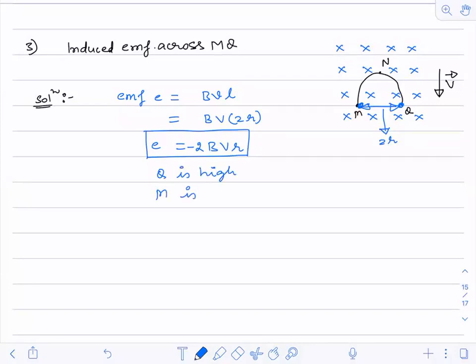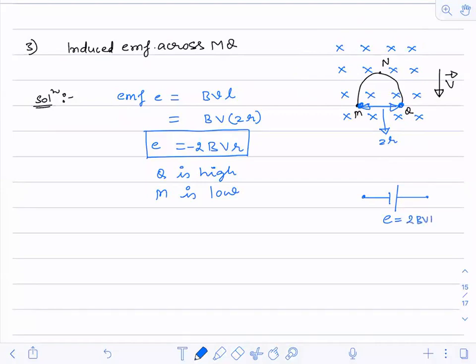So if I have to draw an equivalent circuit, this will be M, this will be Q. So I should draw it like this. So E is equal to 2BVR.